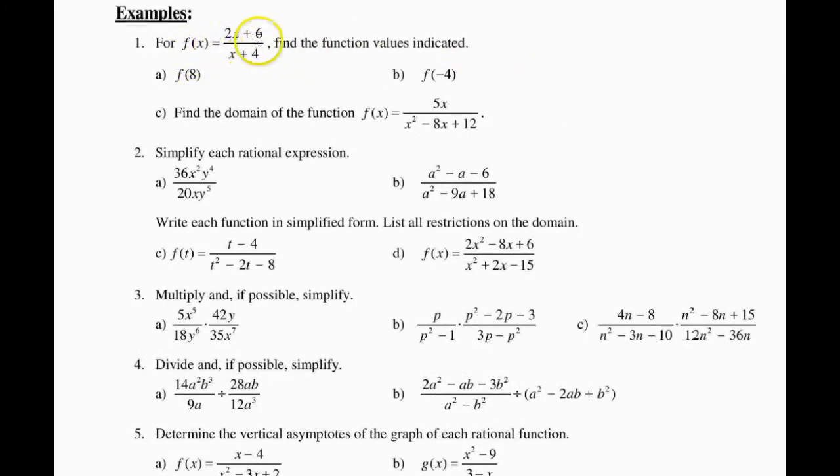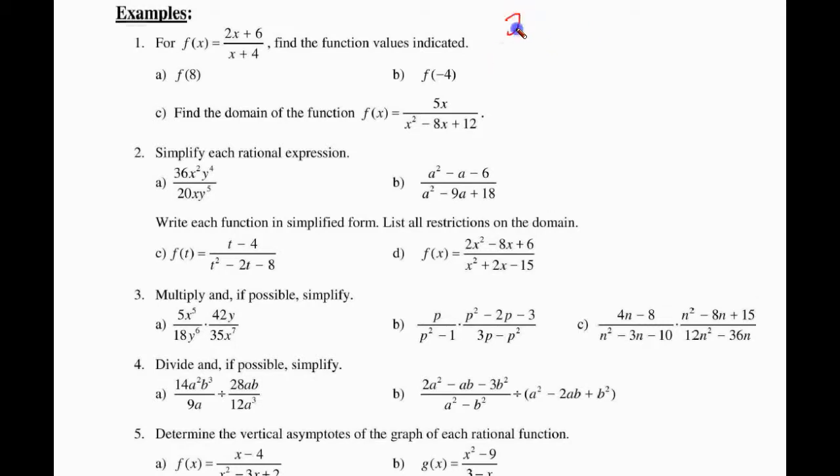Here we have a fraction, and we want to find what it becomes when we replace the x's with the value 8 first, and then later the value -4. So let's start off slowly, and we'll just set it up right over here.